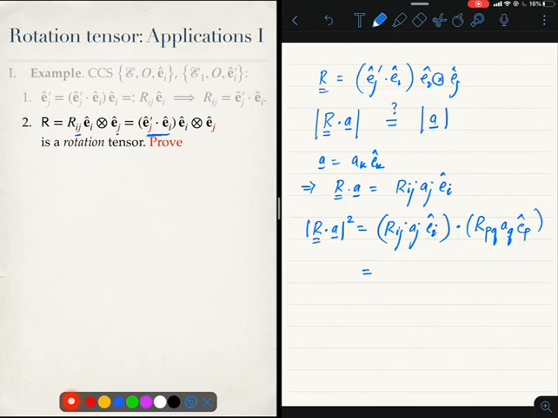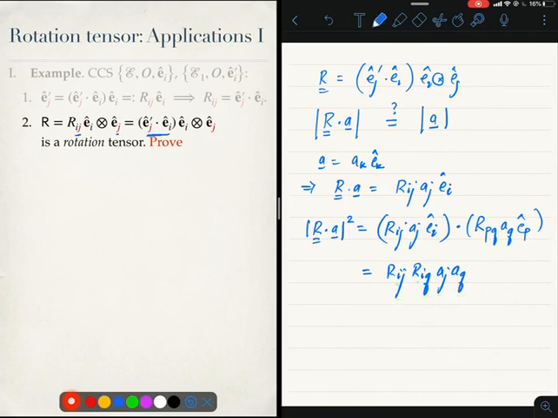So I am going to get back delta IP Rij RIQ Aj Aq. Let's make sure everything is kosher in terms of the indices: I, J, J, Q, Q, everything looks okay.